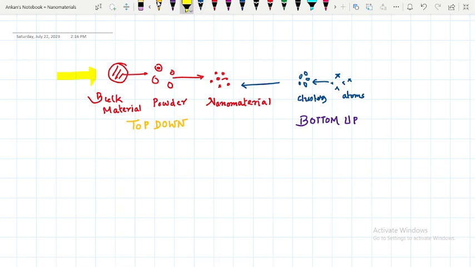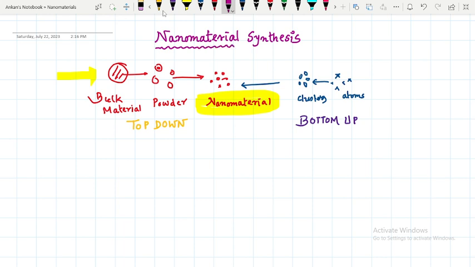Which one is effective, I will discuss in detail after some time. The name of today's topic, I have to write above: synthesis of nanomaterial, or nanomaterial synthesis.